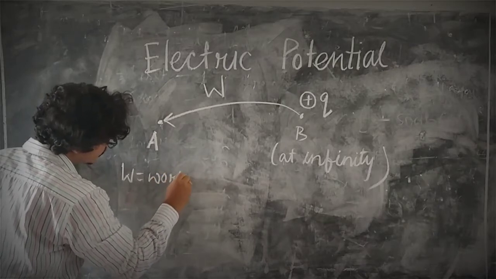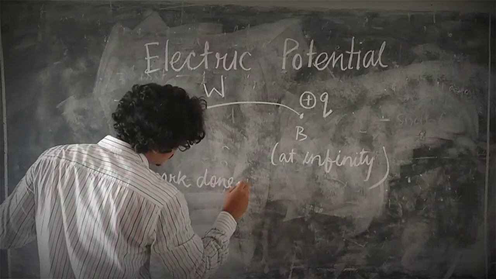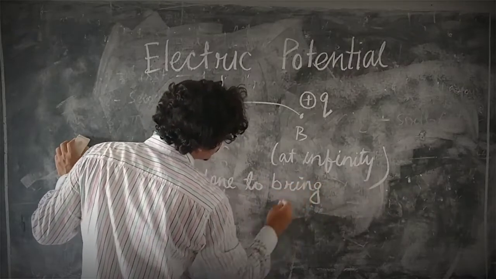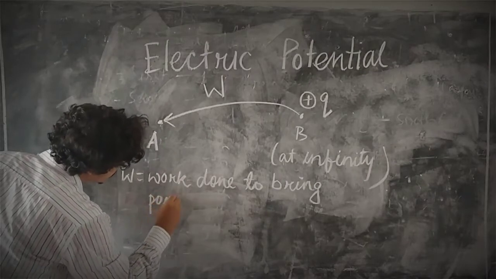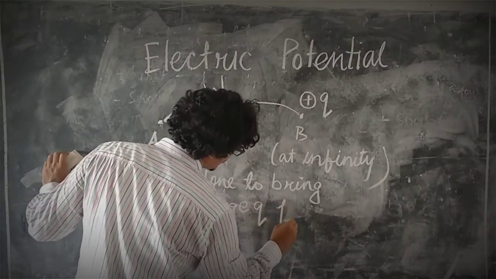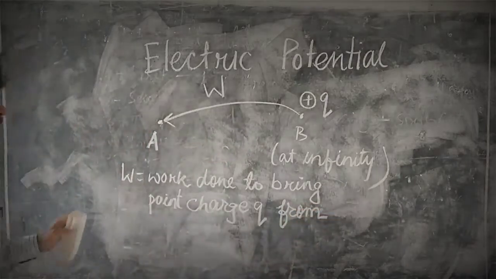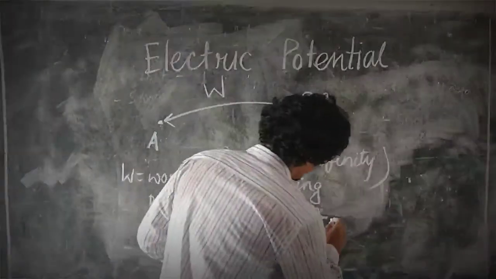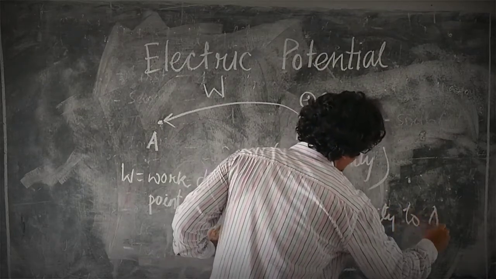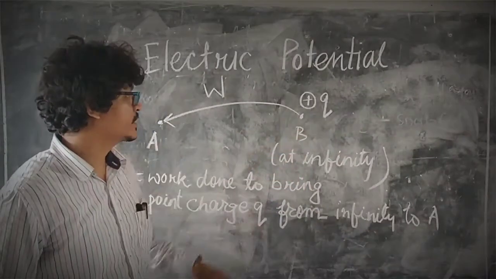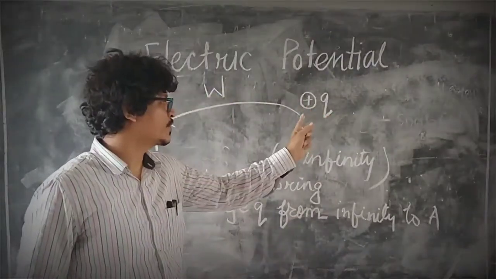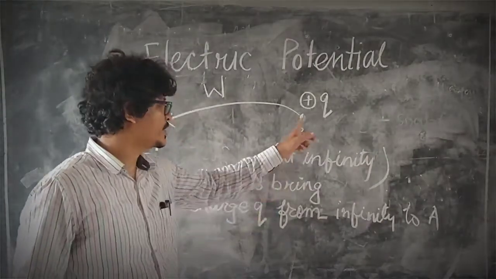W is the work done to bring point charge Q from infinity to A. Infinity means point B. So we have to do W work to bring point Q charge from point B to point A, or from infinity to point A.